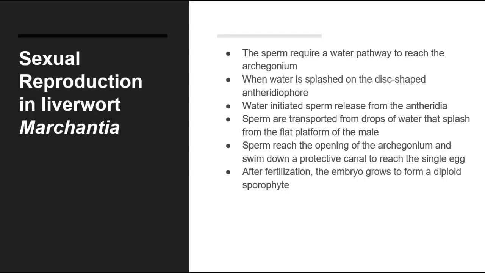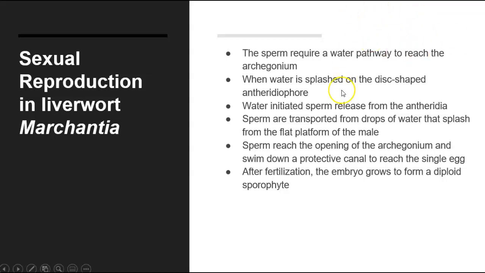So now let's talk about how sexual reproduction takes place in Marchantia. Water is going to be required for sexual reproduction, and that's why liverworts really only grow in moist environments, in environments where there's a lot of water. So water is going to be the transportation mechanism here.